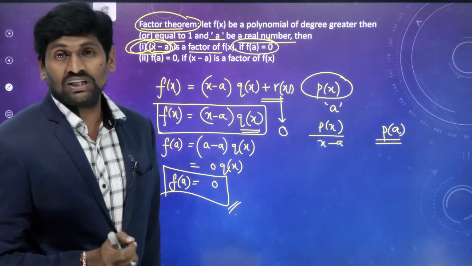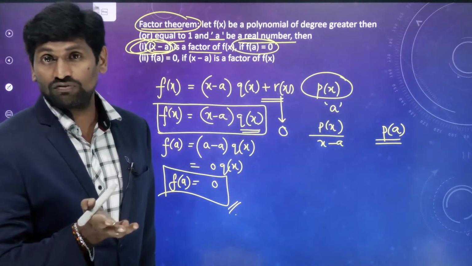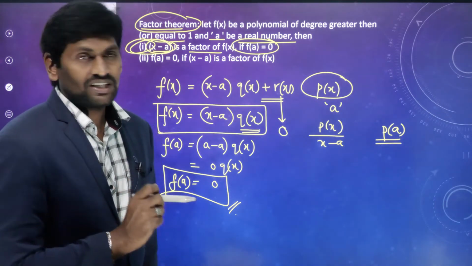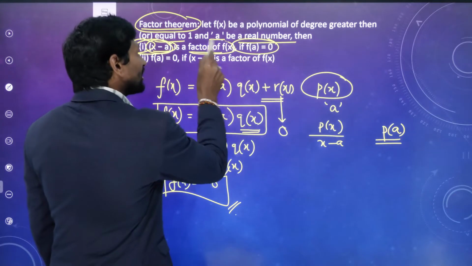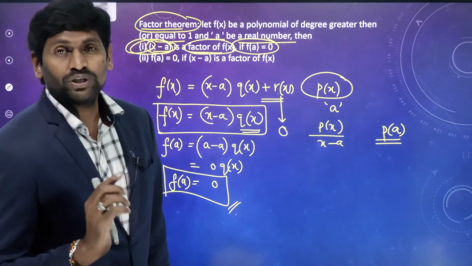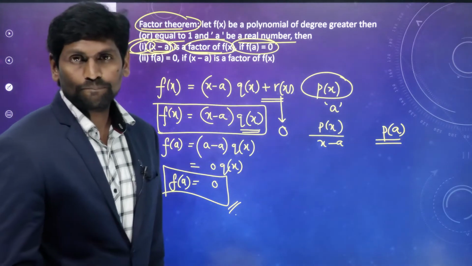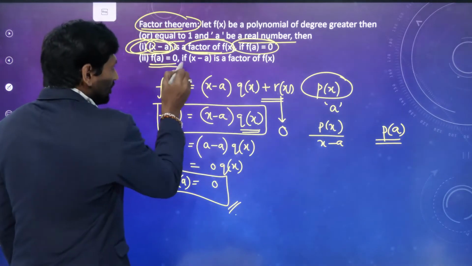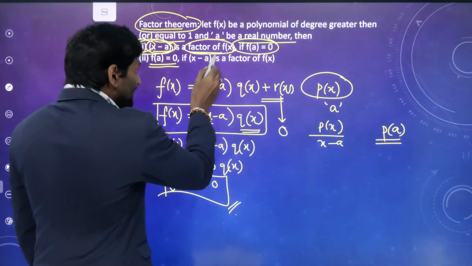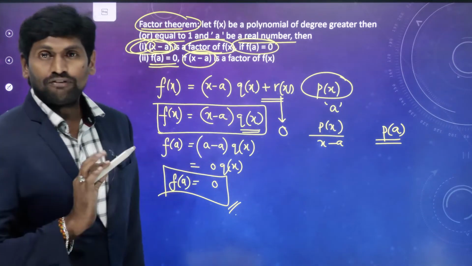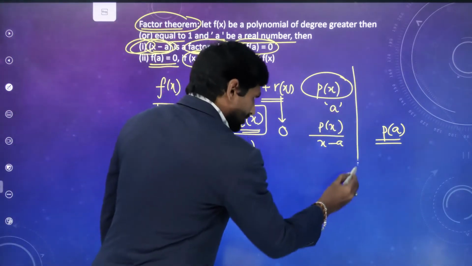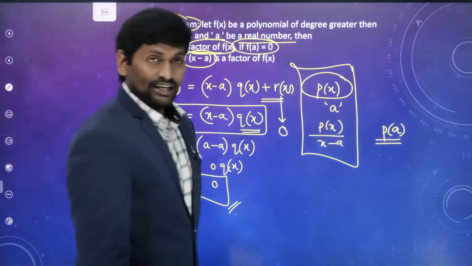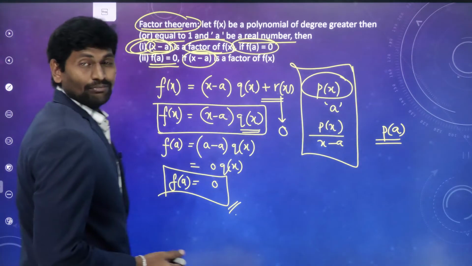This is possible if x minus a is a factor of the polynomial f of x. Factor means it is not leaving any remainder when you divide by x minus a. Okay? Same way, if f of a equals 0, then x minus a will be the factor. Let us see this. That's why I recall the remainder theorem again. What is the remainder theorem?